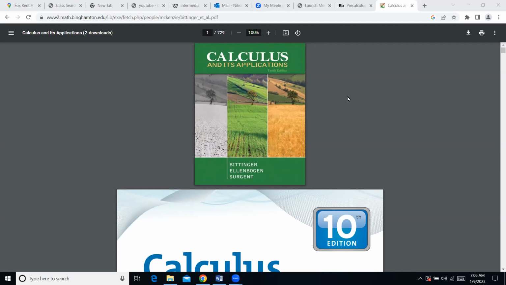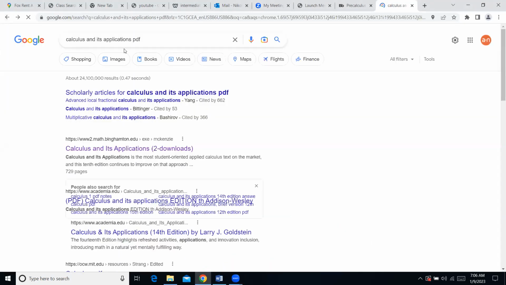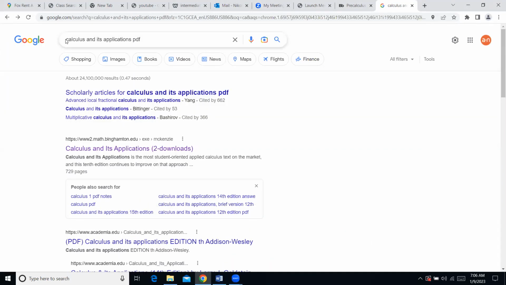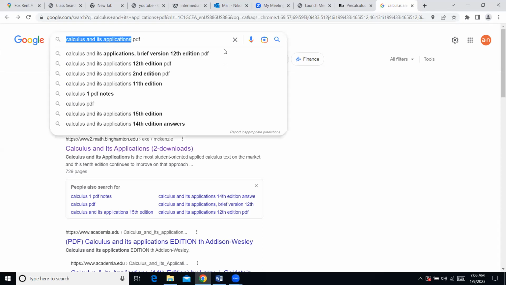And we had a little quiz last time, so we are in our textbook, and this textbook I found for free online. I can just go back here and show you what I typed. I just typed calculus and its applications, and I found the PDF files.